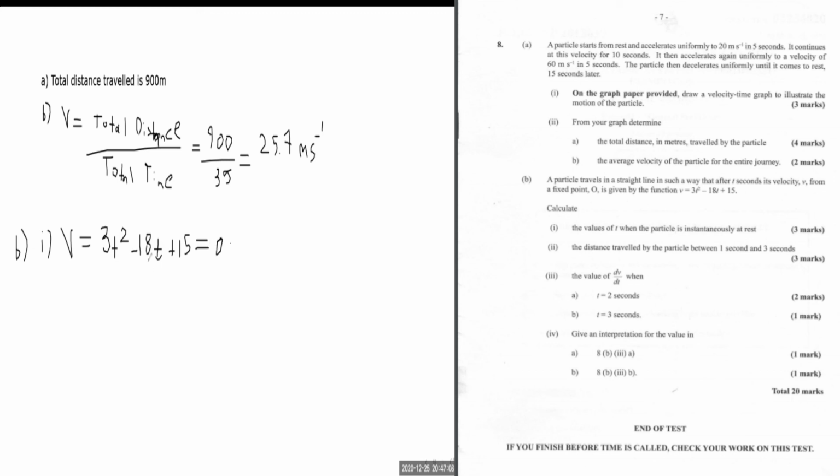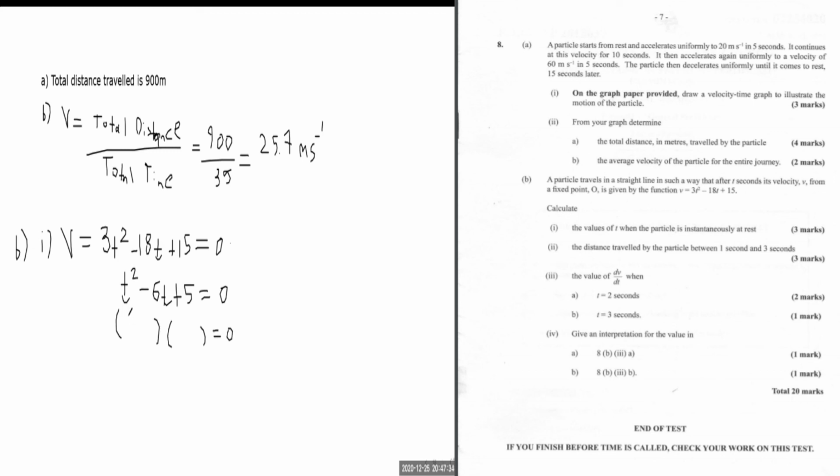Now solving this equals 0, we can divide through by 3 to get t squared minus 6t plus 5 equals 0. Now we can factorize this.